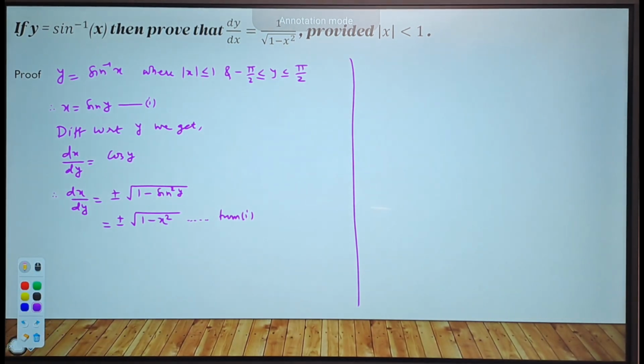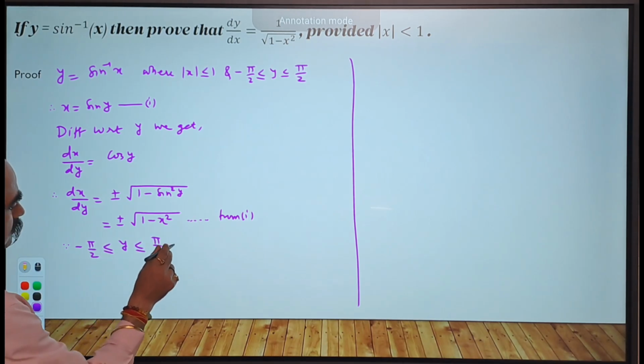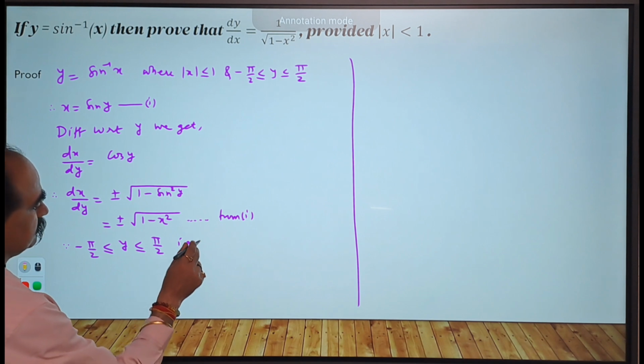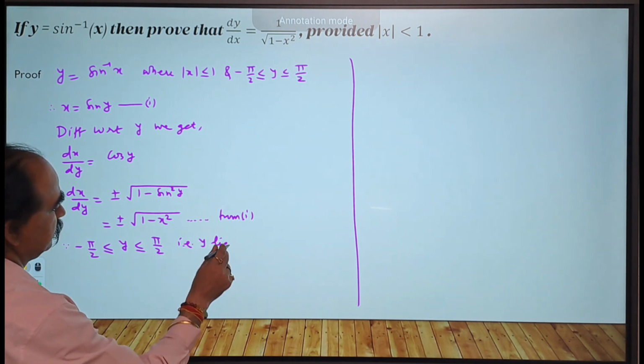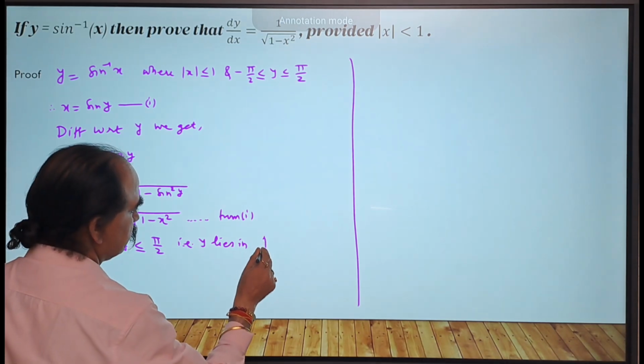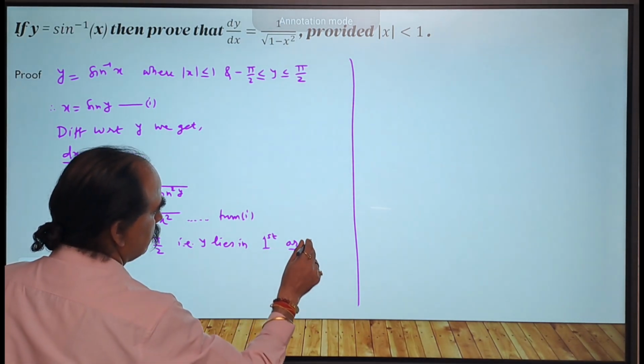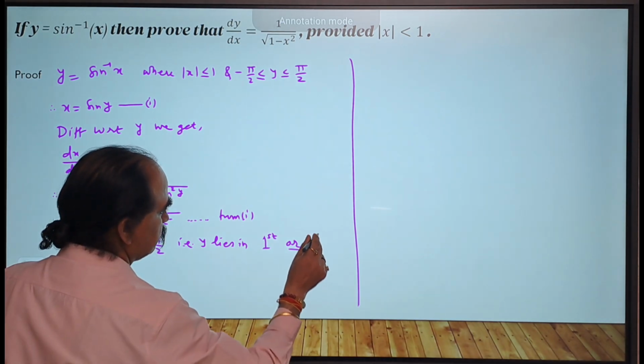Now we have to decide whether it is positive or negative sign. Since minus pi by 2 less than or equal to y less than or equal to pi by 2, that is y lies in first or fourth quadrant.